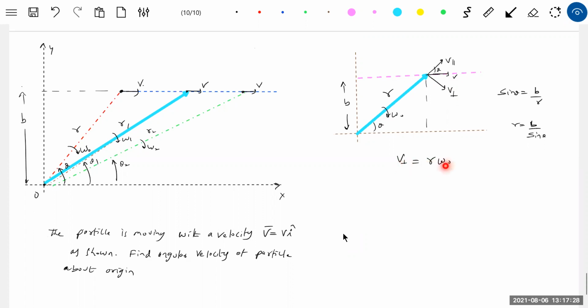This is the position vector, this is the angular velocity. Now what is r? b by sin theta. This is omega. What is v perpendicular? v perpendicular should be v sin theta. So omega naught is equal to v sin square theta by b. This will be the angular velocity of the particle about the origin.